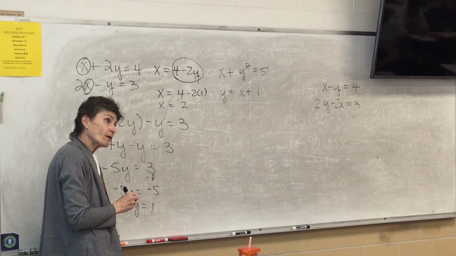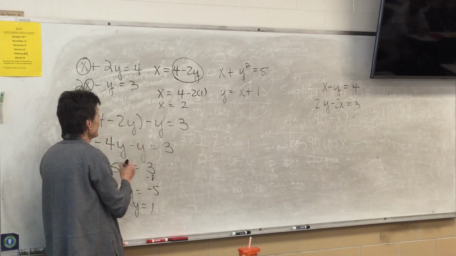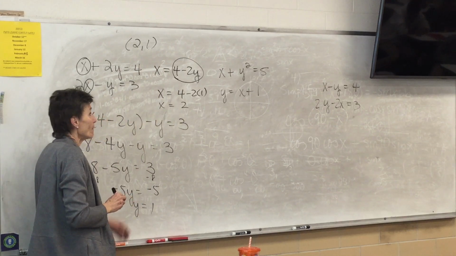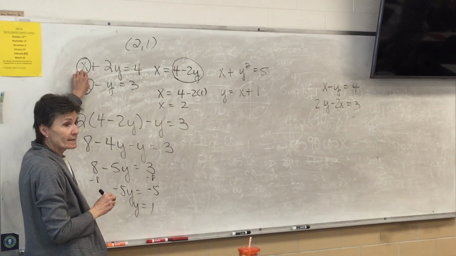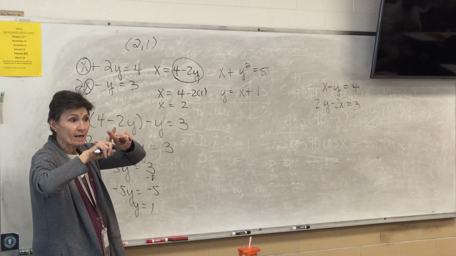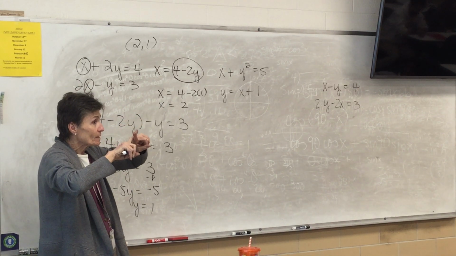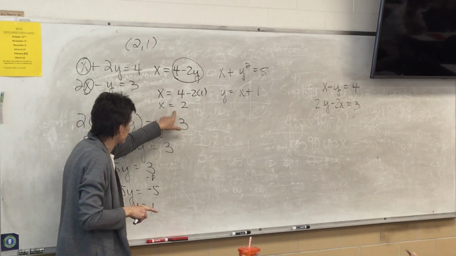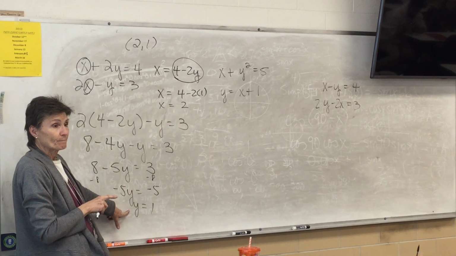And then when we write our answer, we write it as an ordered pair. 2, 1, because this is a line and this is a line, and we are looking for where they cross each other, and they're going to cross each other in a point, x, y.